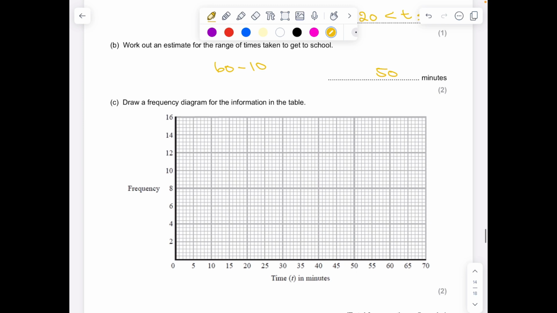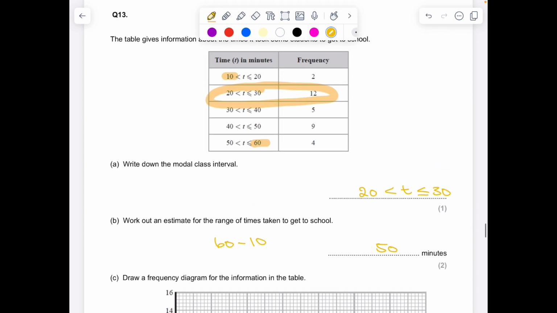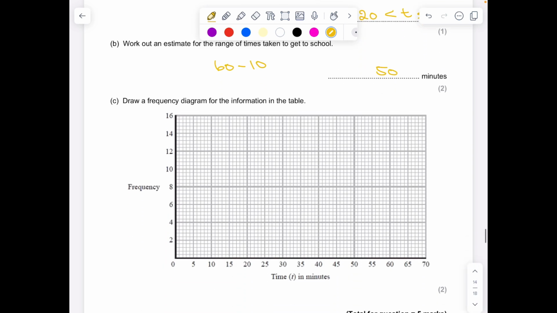Next, it says draw a frequency diagram for the information in the table. So remember that we plot midpoints, okay? So the first one, the midpoint between 10 and 20 is 15. So we go 15 across, 15 up to 2. So that is your first point.